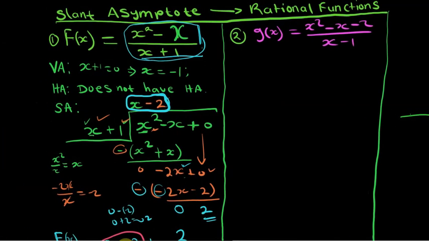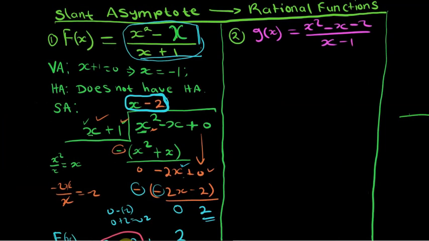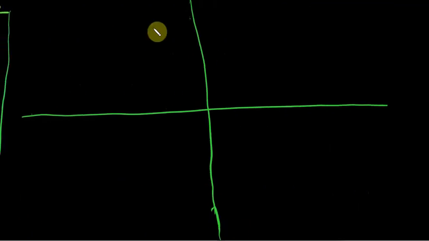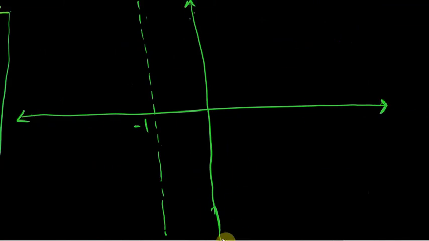So we have a vertical asymptote at x equals minus 1. Okay, what else?